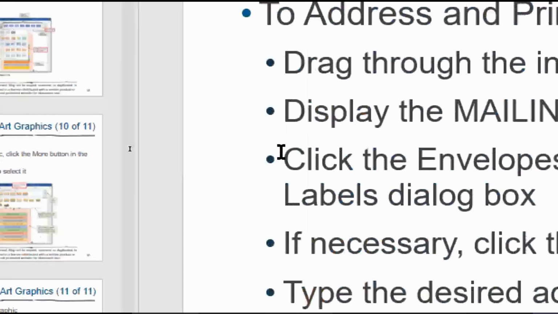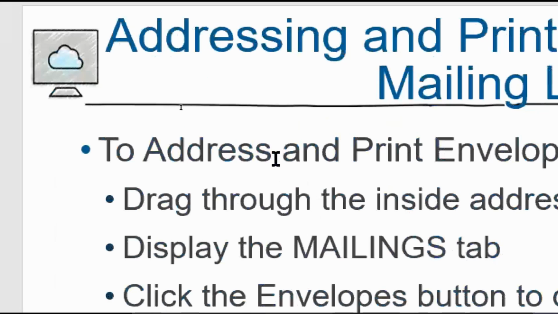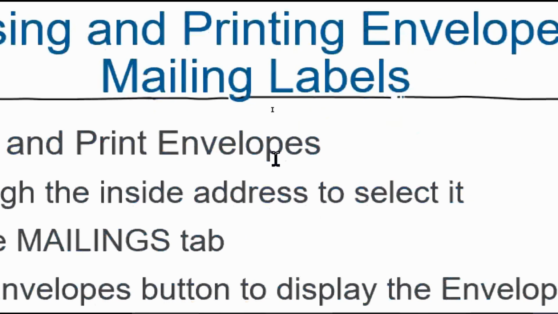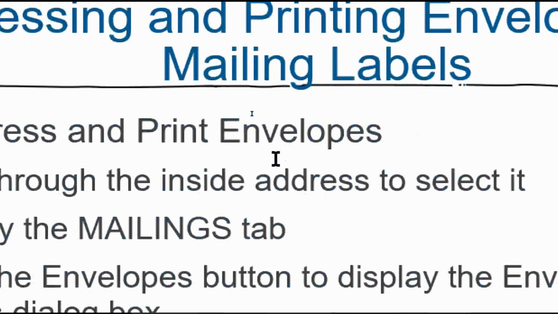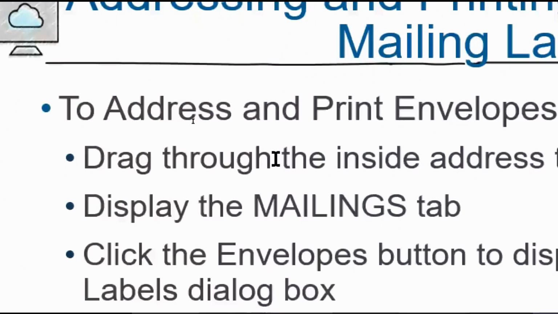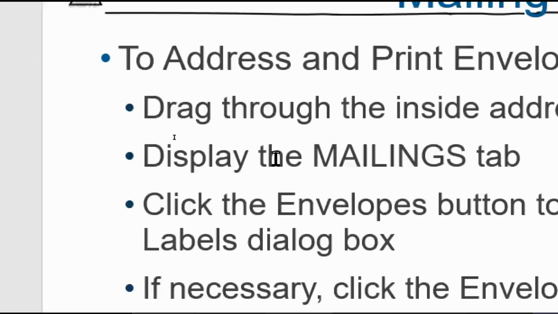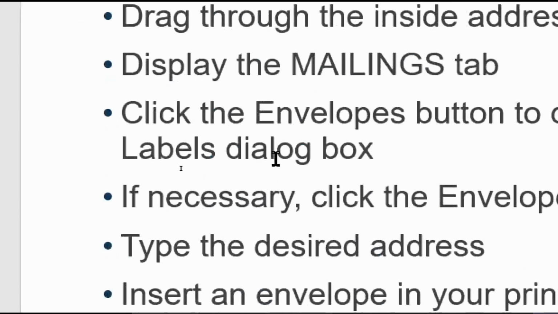So yes, we're good. To address and print envelopes, drag through the inside address to select. I don't have one on this document. You'll see it, I believe, in your SAM project. Display the Mailings tab. Click the Envelopes button to display the Envelopes and Labels dialog box.